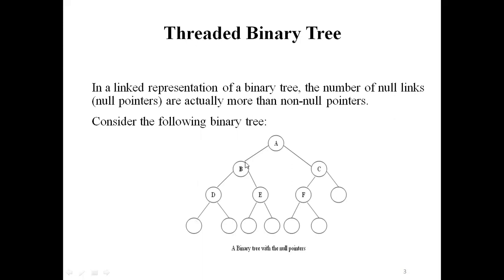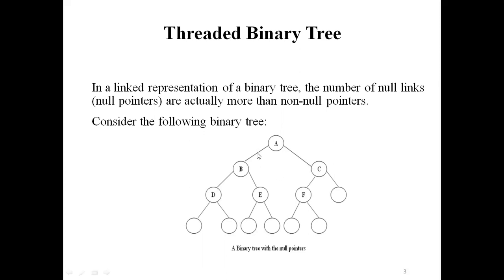This is a link, the left child pointer link, which in this representation is replaced with this edge. The right child pointer link for A is replaced with this edge, which is connecting to the right child. So these are the useful links which are actually holding the address of some node. How many actual useful links are used in this tree representation?